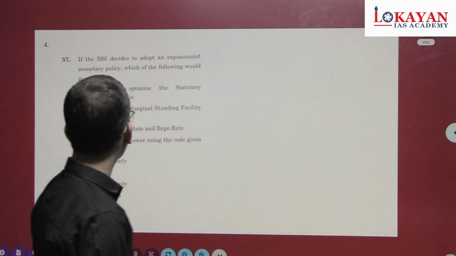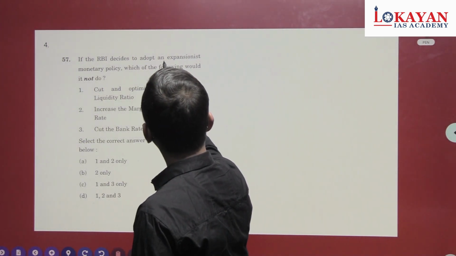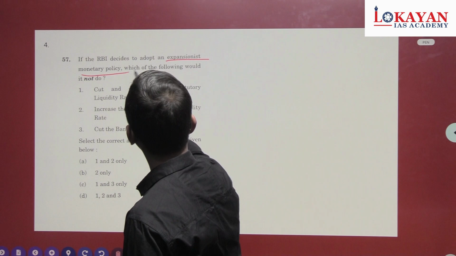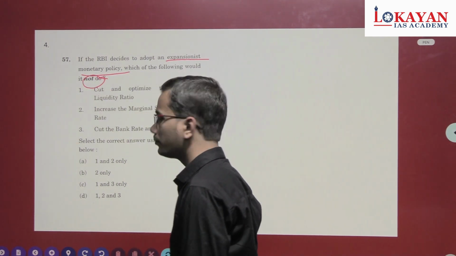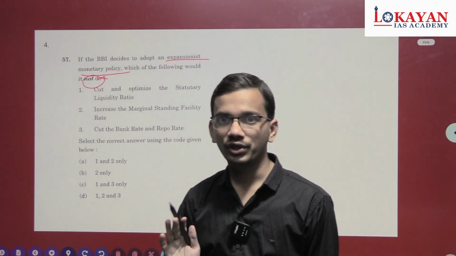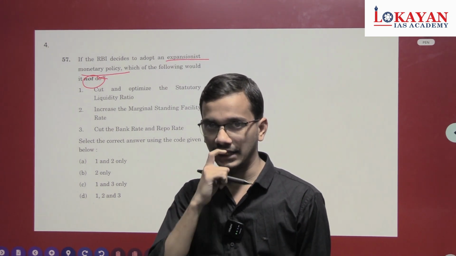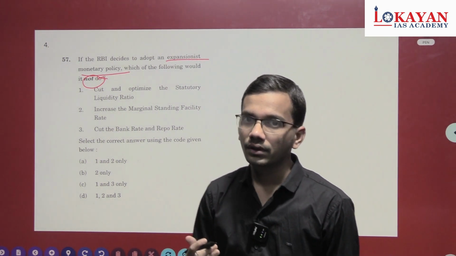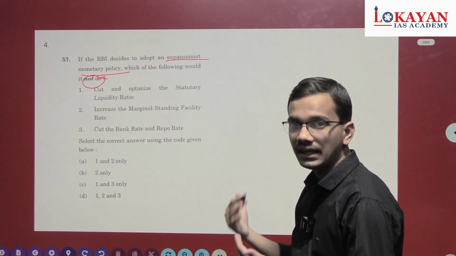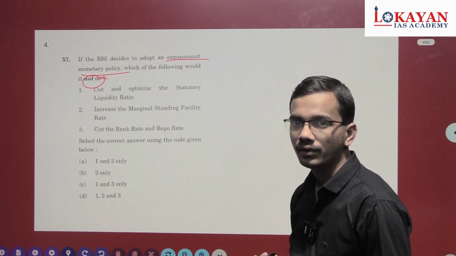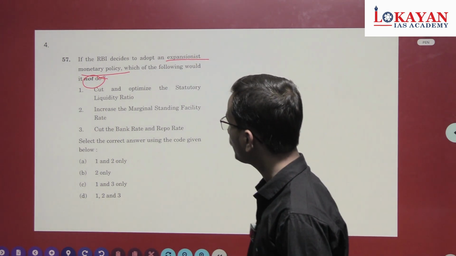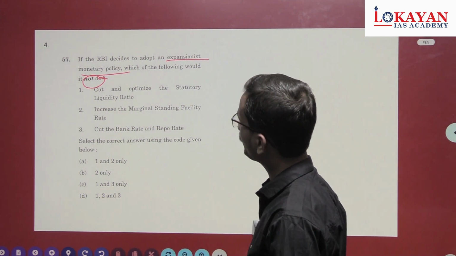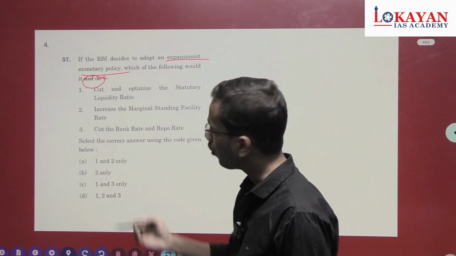Okay, if the RBI decides to adopt an expansionist monetary policy, which of the following would it not do? Expansionary monetary policy. So we have seen in earlier slide, what does RBI do? Expansionary monetary policy, it reduces interest rates. First option, cut statutory liquidity ratio.